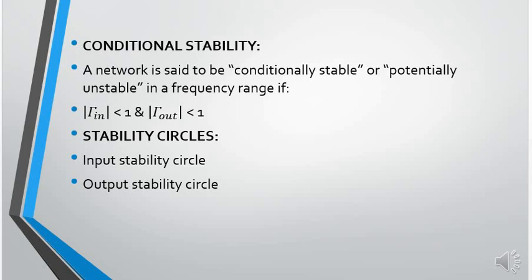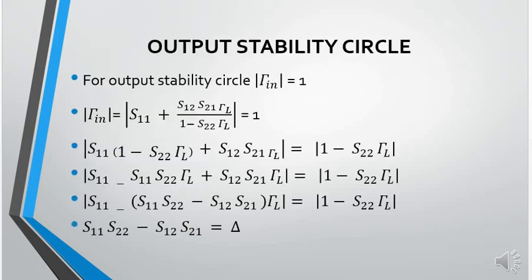Stability circles are input stability circle and output stability circle. For the output stability circle, the input reflection coefficient magnitude gamma in is equal to 1. So gamma in is equal to S11 plus S12 S21 gamma L by 1 minus S22 gamma L. Its value is equal to 1. So simplify this, take an LCM and cross multiply this.